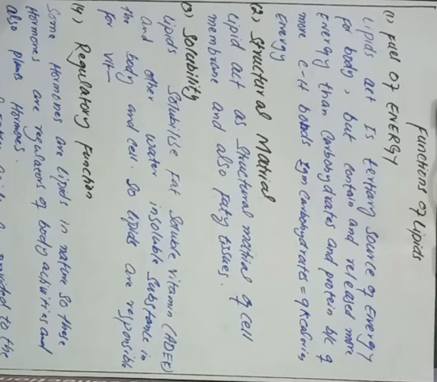Lipids act as a tertiary source of energy for the body. Lipid is the tertiary source of energy because the primary source of energy is carbohydrate, then the secondary source of energy is protein, amino acids. Then the tertiary source of energy is lipid. The body first uses carbohydrate for essential activities.